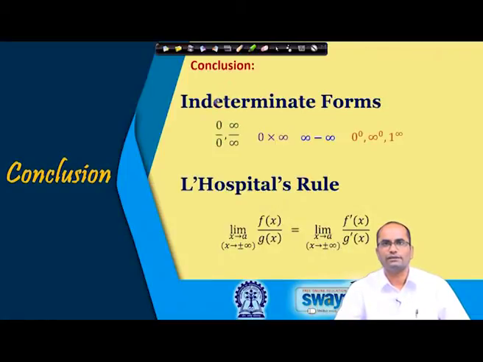In all the cases, we have used the L'Hopital rule, which says that the limit of the ratio of two functions, when they go to 0 by 0 or infinity by infinity form, will be equal to the limit of the ratio of the derivatives. So, that was a very useful rule, and we have handled all these types of indeterminate forms with the help of this single concept.